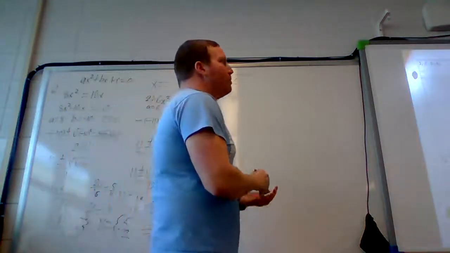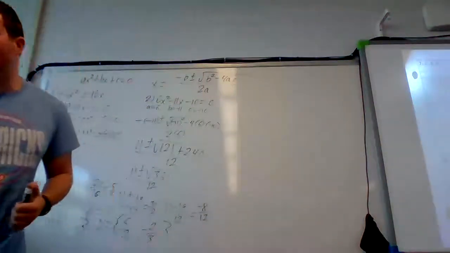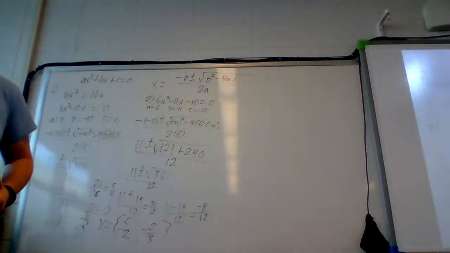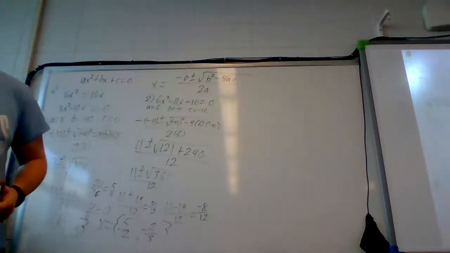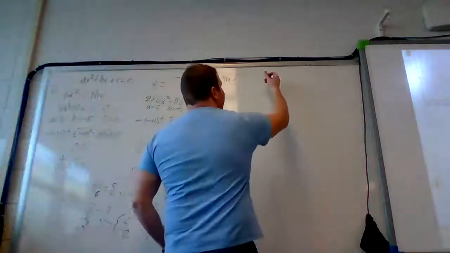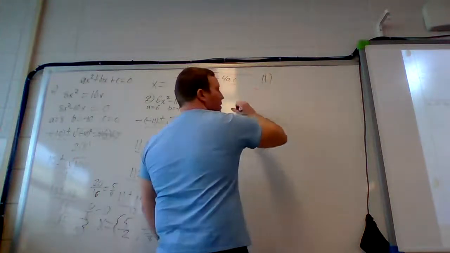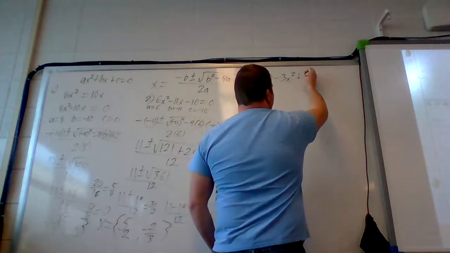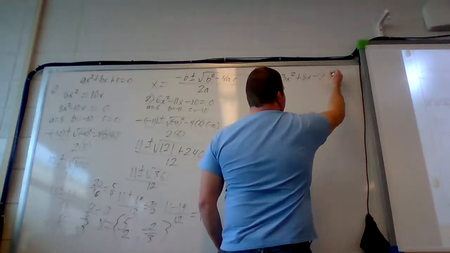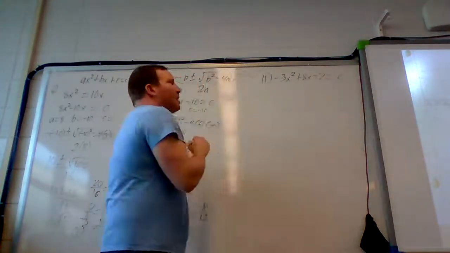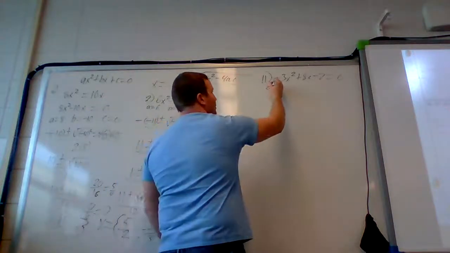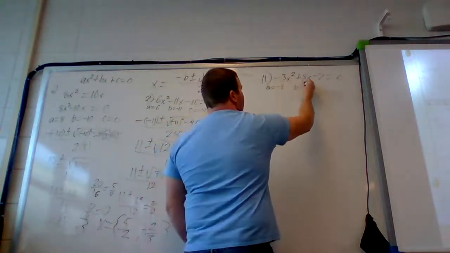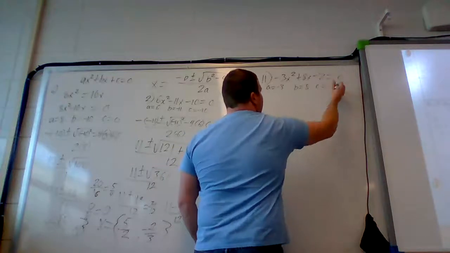But there's still a couple things that we haven't seen with our quadratic formula. So let's look at number 11 for sure. We haven't done one like this yet. We have negative 3x squared plus 8x minus 7 equals 0. Again, our a value is negative 3, b is 8, and c is negative 7.